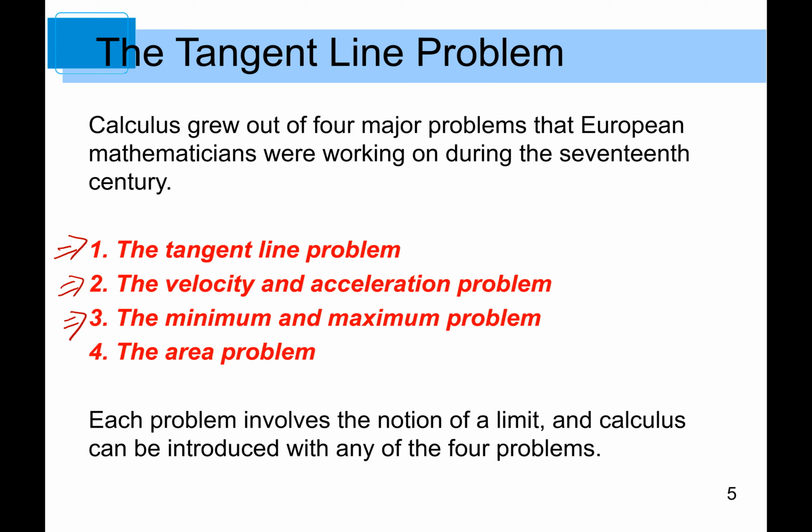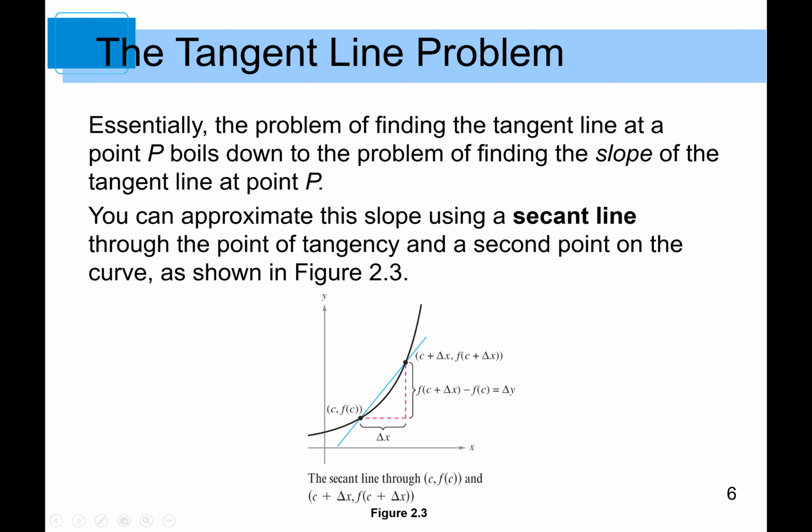And the last one is the area problem. I'm going to get to each one of them in later sections. Each problem involves the notion of a limit, which we already learned, and calculus could be introduced with any of the four problems. Okay, so first let's take a look at the tangent line problem.